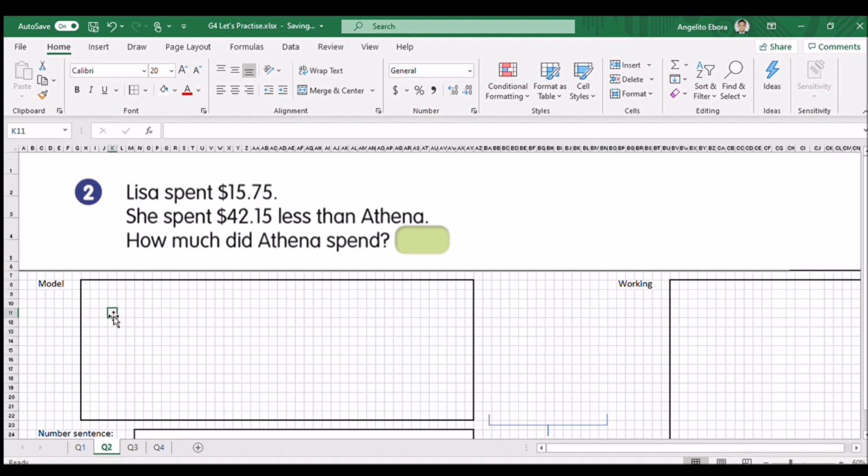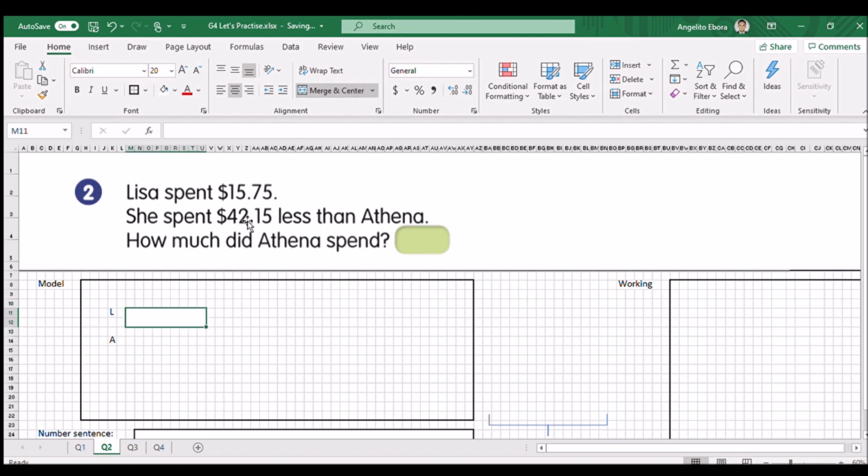So let's draw the model for Lisa. This one is for Lisa, and this one is for Athena.